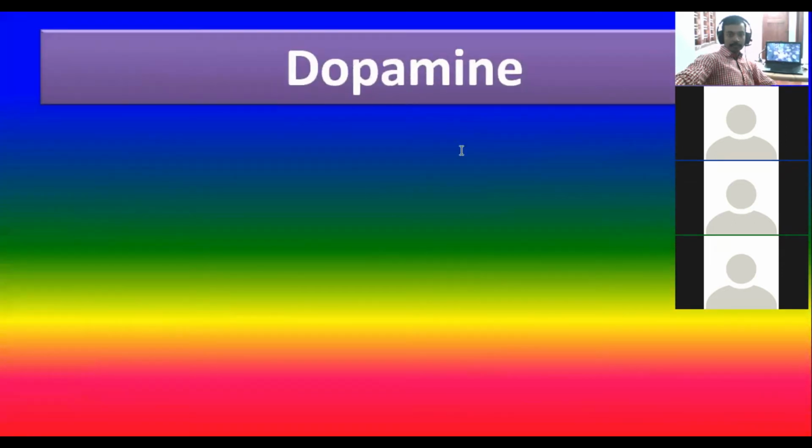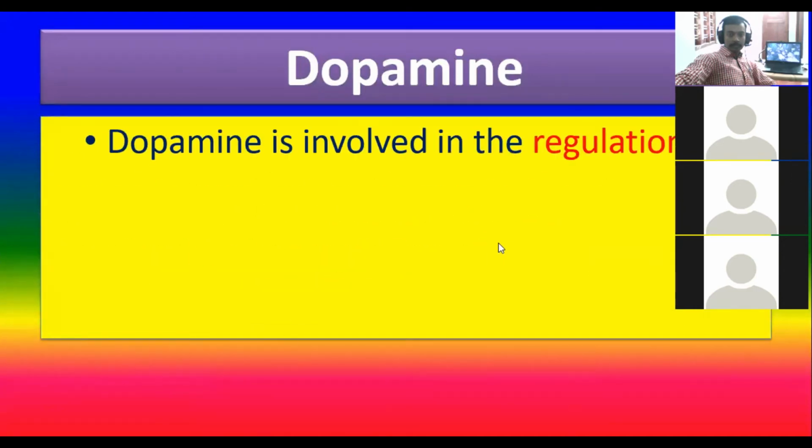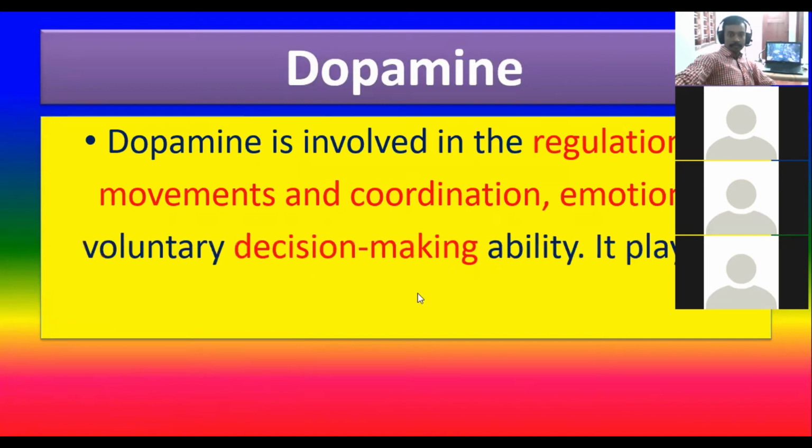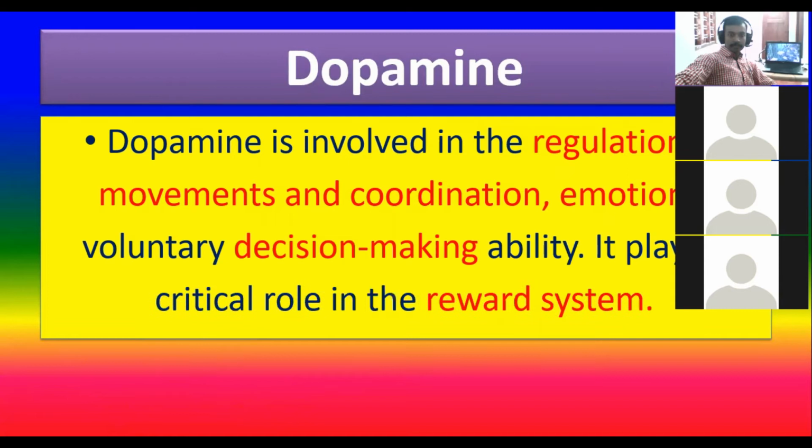Dopamine. Main actions: regulation of movements and coordination, emotions, decision-making ability, a critical role in the reward system, mainly in the stress response.